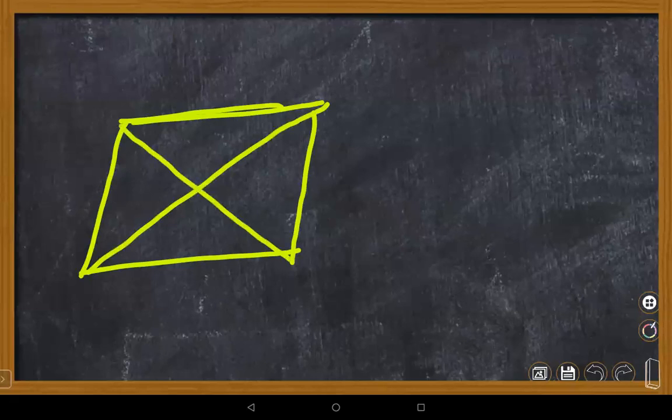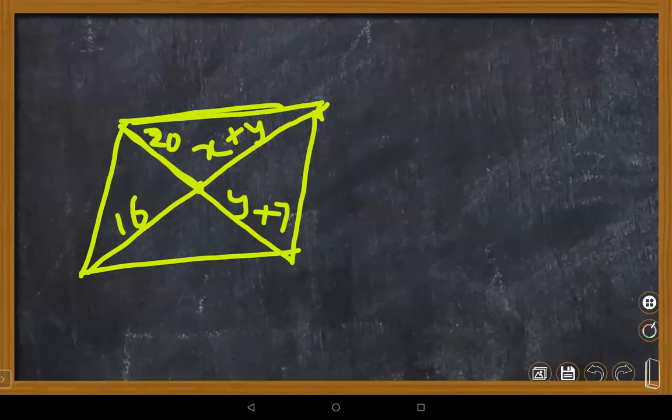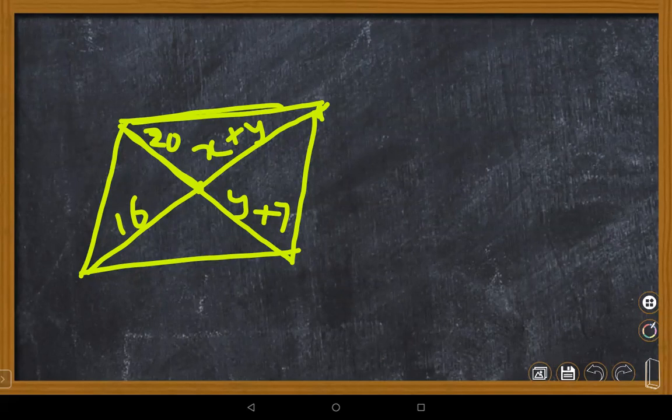The diagonal parts are given as x plus y, this region is given as 16, this midpoint to here is given as 20, and this is given as y plus 7. Now you need to find out the values of x and y in this parallelogram.